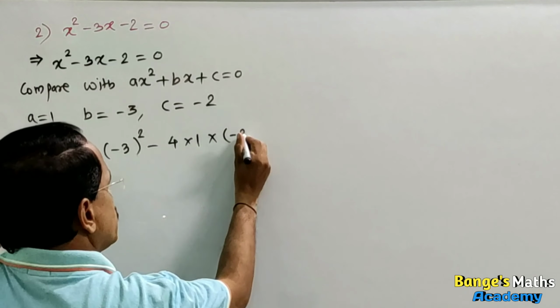Simplify this. Minus 4 square is 16. Minus into minus plus, 4 into 5 is 20, 20 into 2 is 40. Sum of this, 16 plus 40 is 56. We get b square minus 4ac is equal to 56.